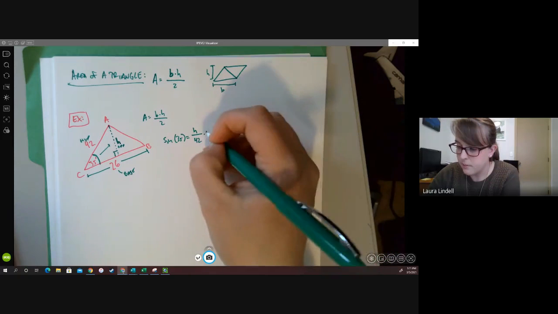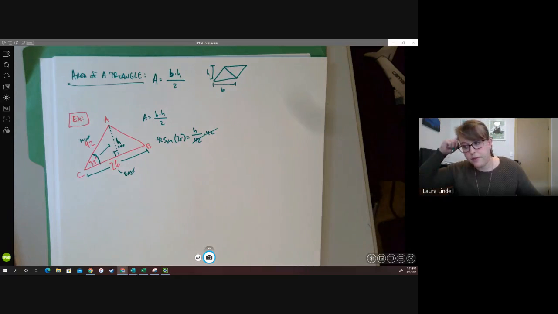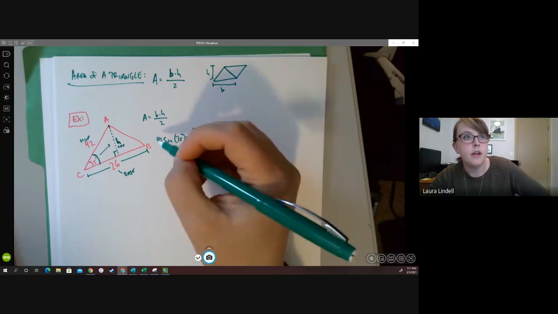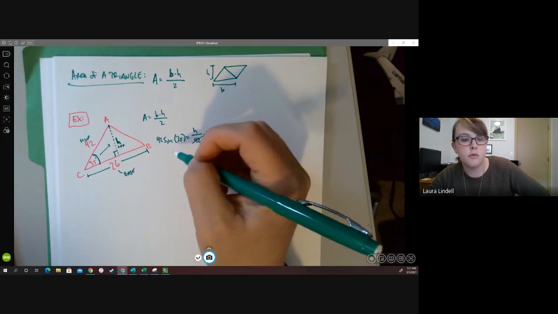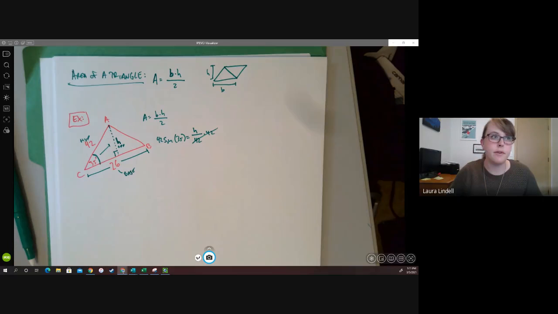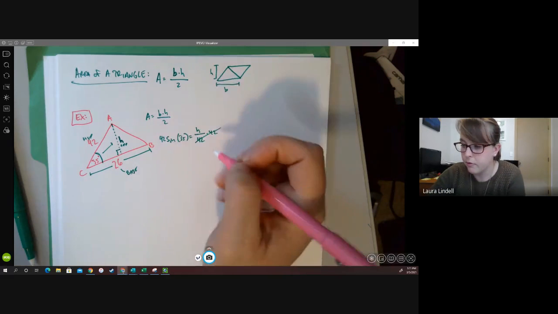I can go sine of 35 is equal to h over 42, since that's the opposite, and this is the hypotenuse of this little right triangle that we have going here. Then we just multiply by 42 on both sides, and we notice that the height is 42 sine of 35. You can make this a decimal if you would like to, or you can wait to round until the end. I tend to like to wait on the rounding, because now we have the height, we have the base, we can plug it into our formula.